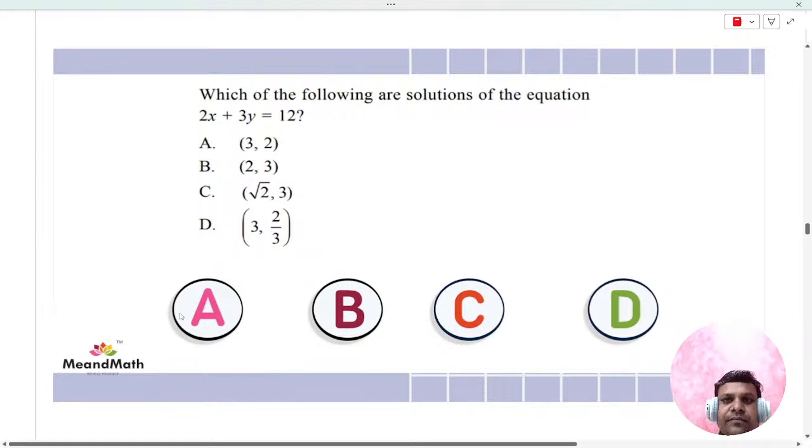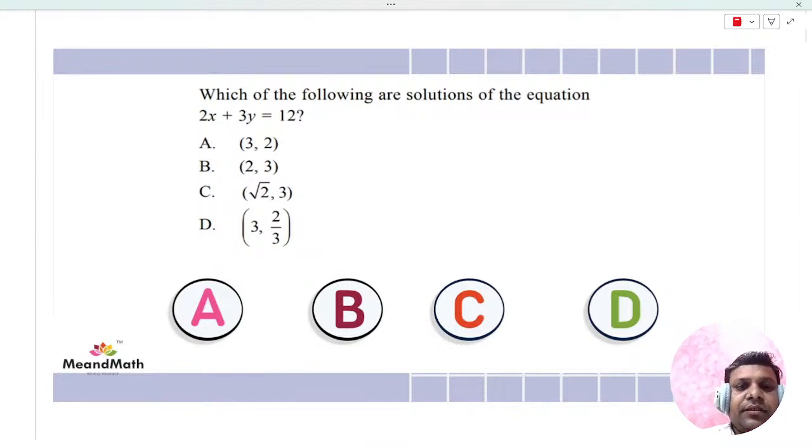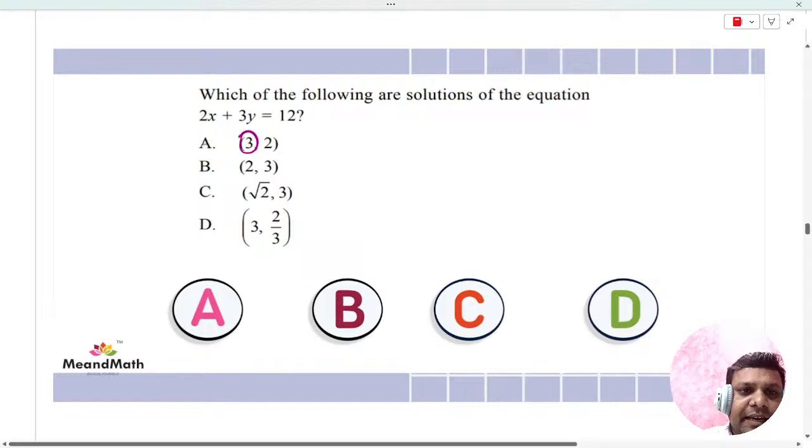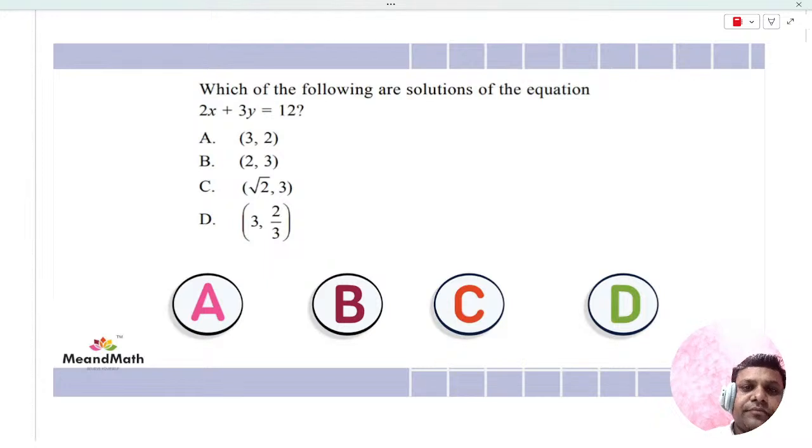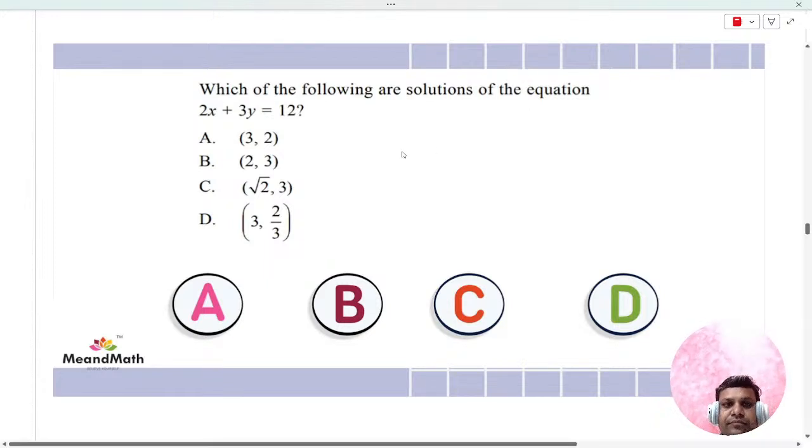Solve करें. Yes. This is x and this is y. Replace x is equal to 2. 2 into 3 plus 3 into 2, 3 into 2 is equal to 12.